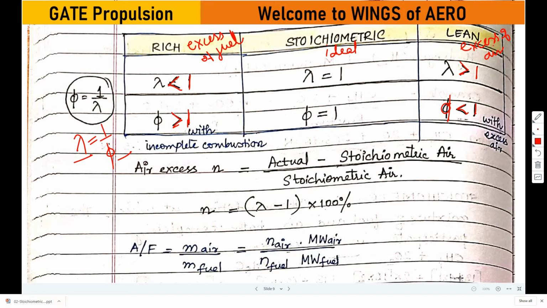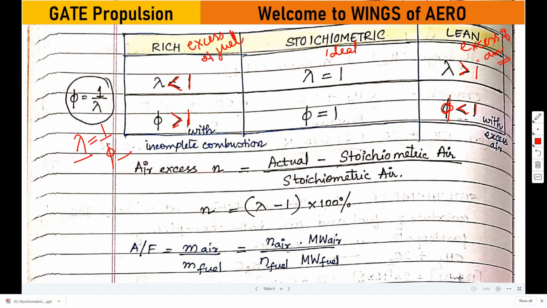They might ask you in such a way that they give you some relations and ask you to predict which one of the relations is not capable of conducting combustion. Even if there is excess air, combustion might take place because there may be some unburnt gases.